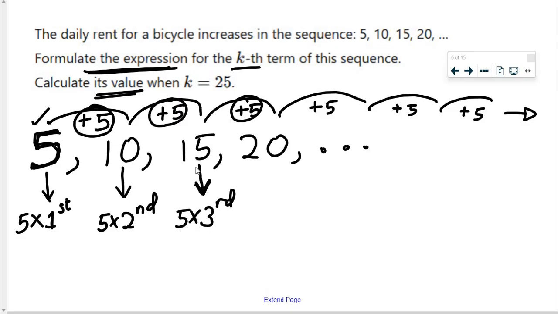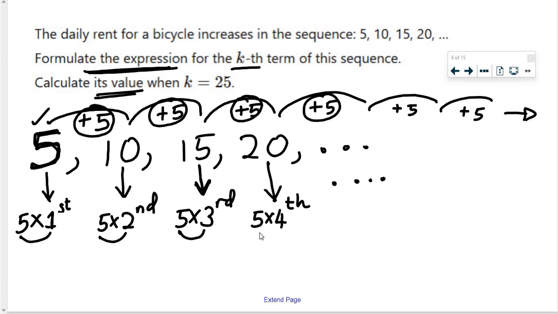So it will be 5 into 3, 15. To find the fourth term, again, you take the same number into 4. So you can see that the pattern keeps on going, but it starts with 5 into 1, 5 into 2, 5 into 3, 5 into 4.